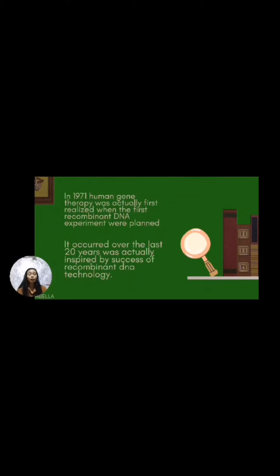What occurred over the last 20 years was inspired by the success of recombinant DNA technology. Without a doubt, gene therapy is the most promising yet possibly unfavorable medical field being studied.